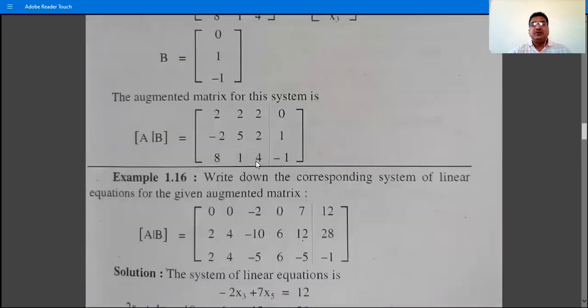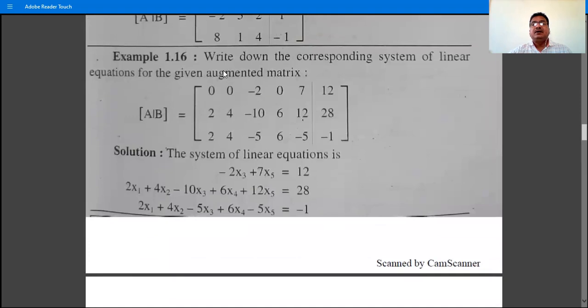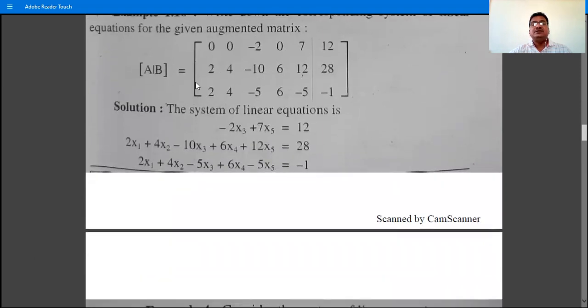So for this system, write down the corresponding system of linear equations from the augmented matrix. We are given the augmented matrix and we have to write the system. So what is the system? 0 into x1 plus 0 into x2 plus minus 2 into x3 plus 0 into x4 plus 7x5 is equal to 12. 2x1 plus 4x2 minus 10x3 plus 6x4 plus 12x5 is equal to 28, second equation.